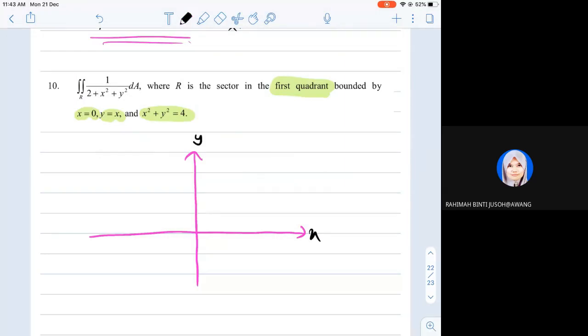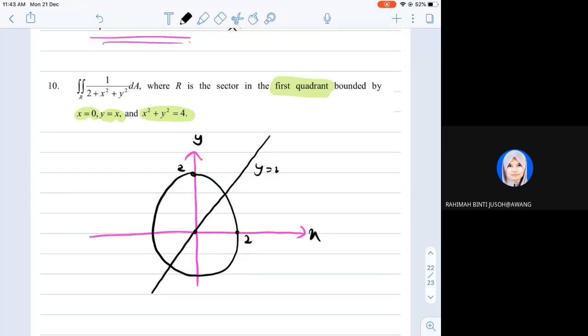We have x squared plus y squared equals to 4, so we will have a circle with radius 2. We have 2 here, 2 here. And then we have y equals to x, this straight line.